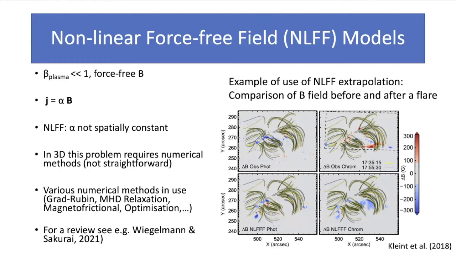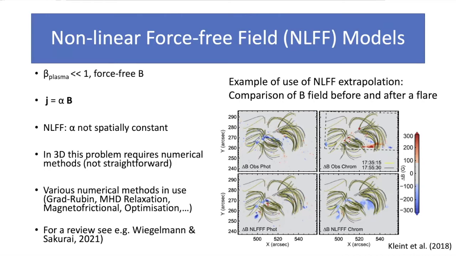So here one uses, of course, that the corona, at least the lower corona, is to a large extent force-free because the plasma beta, the ratio of the plasma pressure to the magnetic pressure, is usually much smaller than 1. Then one finds that the current density is in the magnetic field direction, which is usually expressed as J being alpha B, where alpha is not usually spatially constant.